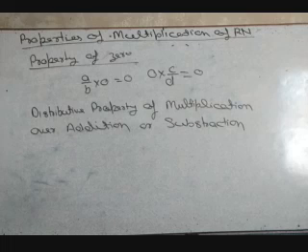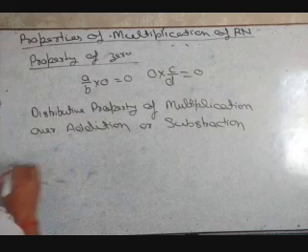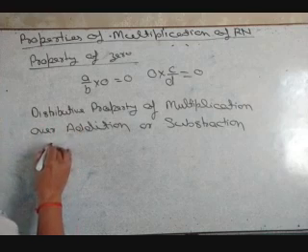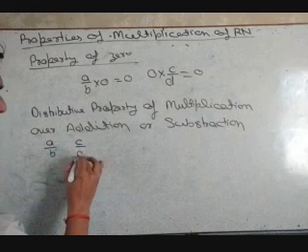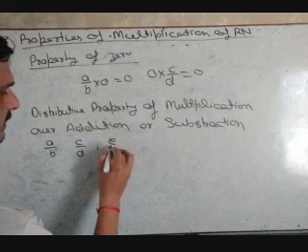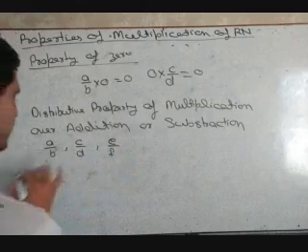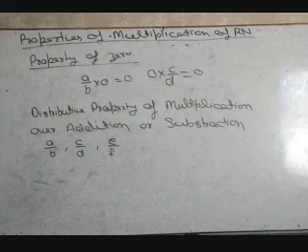This is also one of the main properties. It means if we have 3 rational numbers, let us take A by B, C by D, and E by F. These are the 3 rational numbers with us.